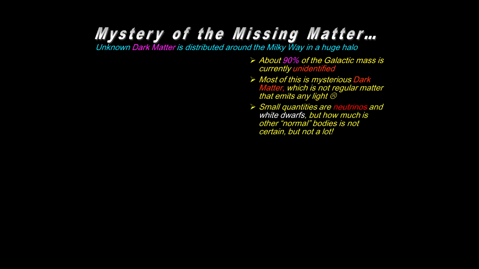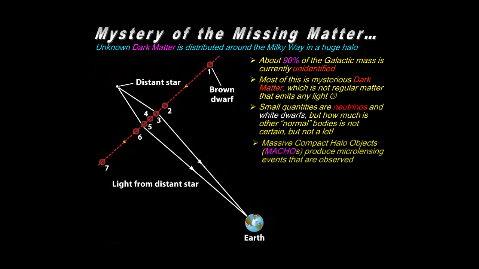Now, small quantities, a little bit of this, can be accounted for by neutrinos, white dwarfs, but not a whole lot. And then there's other bodies as well, brown dwarfs, black holes, that is associated with regular matter. And so some of the unidentified matter is in that category as well. How much, it's not certain, but it's not a significant percentage of it.